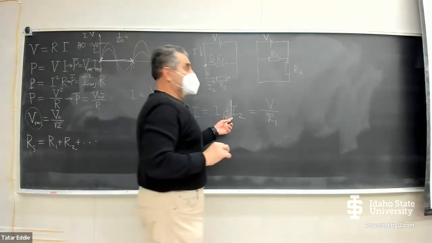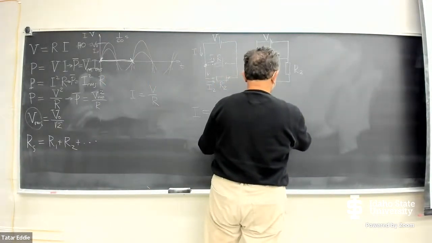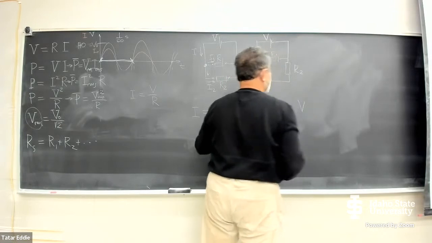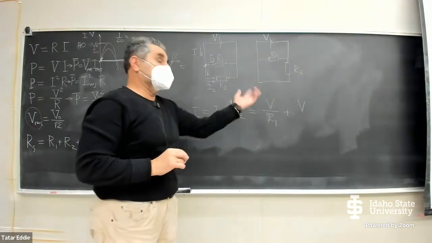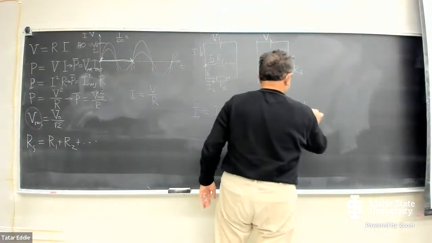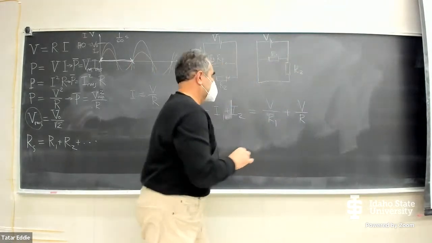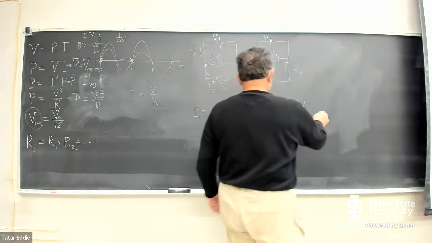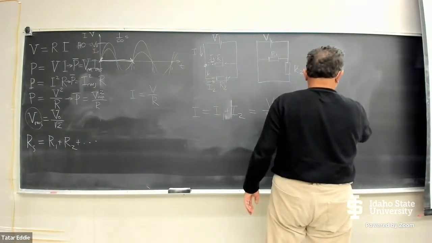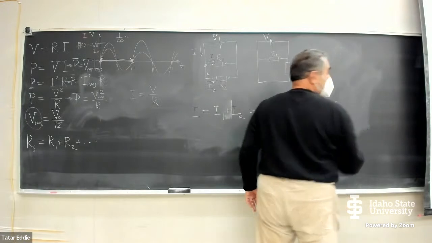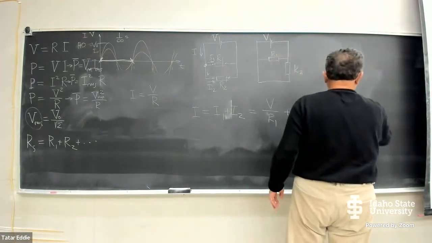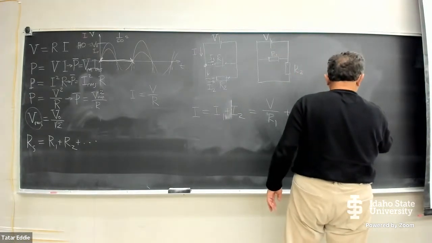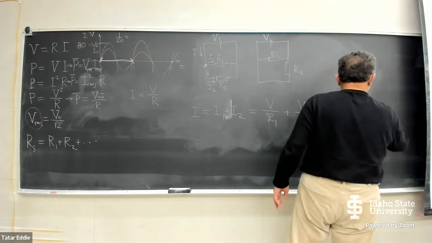And the current that goes to the second resistor is again the voltage across the second resistor, but it is the same voltage, divided by resistance R2. And again, you can factor out the common factor of voltage. And in the brackets, you have 1 over R1 plus 1 over R2.